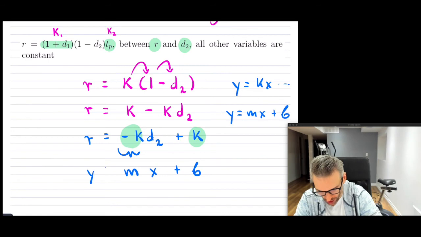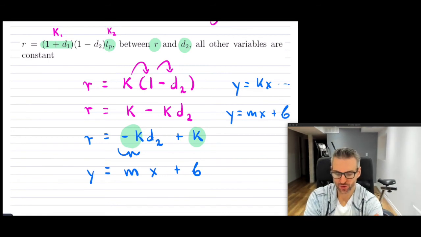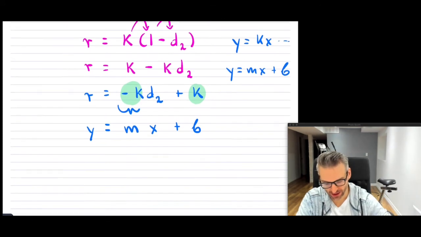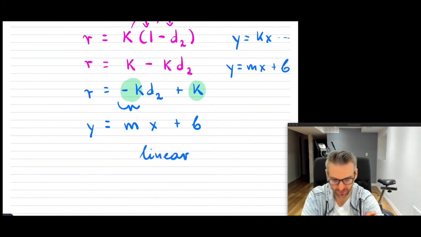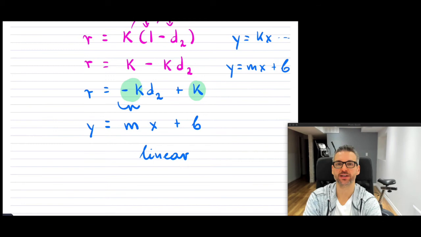And your r is your y. So it turns out that this relationship, the way that it's set up, assuming that d1 and tp are just constants, would have been only linear. That's that relationship.